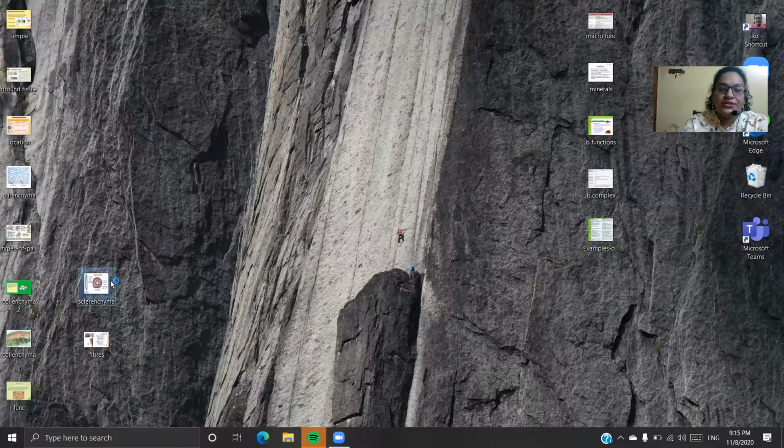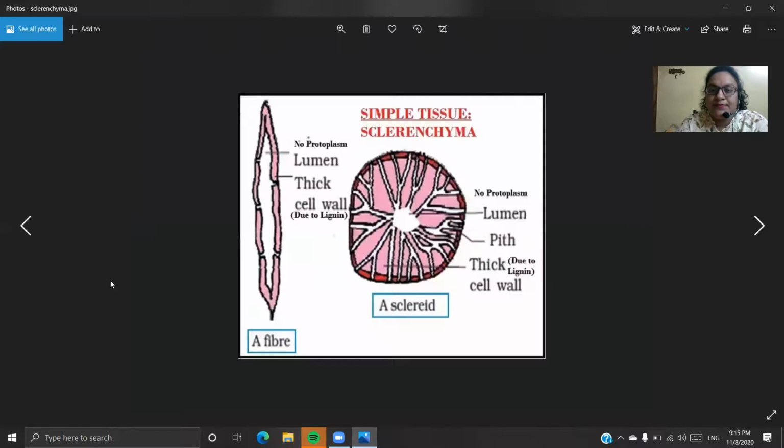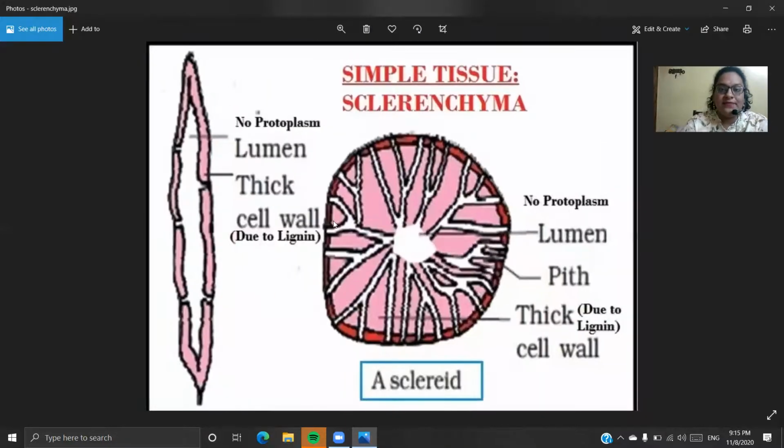The next one we are going to see is the last simple permanent tissue, called sclerenchyma. In sclerenchyma, we basically have two different types of cells here, children. You can see that the cell wall is very thick compared to the parenchyma, as in the collenchyma.